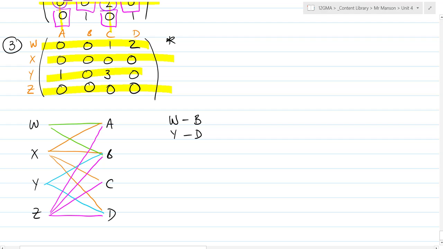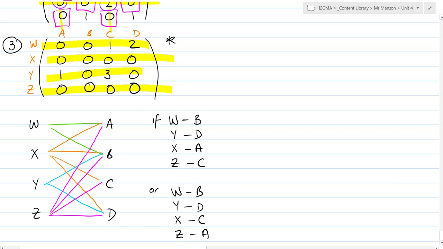So if W is B, then Y is D. And if Y is D and W is B, that means that X and Z have to be A or C, and X and Z can both be A or C. So therefore I've got X is A, Z is C. Or W is B, Y is D, X is C, and Z is A.